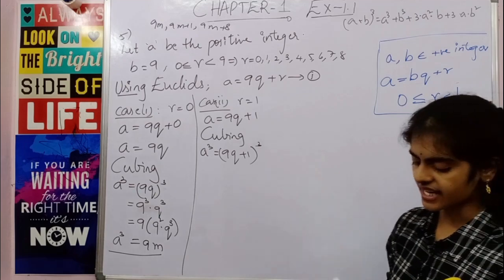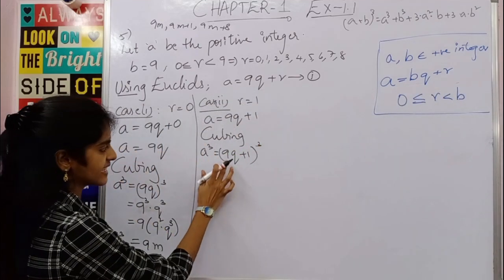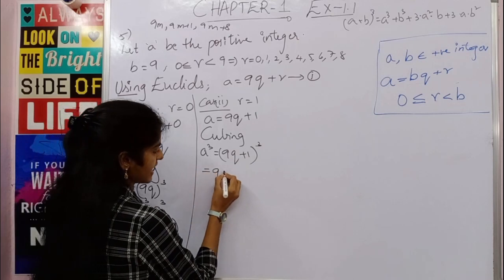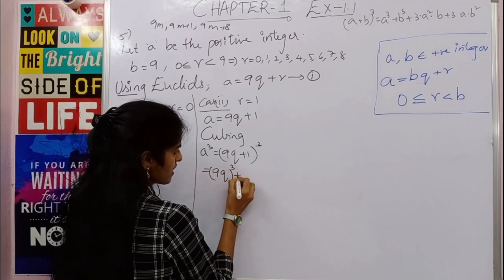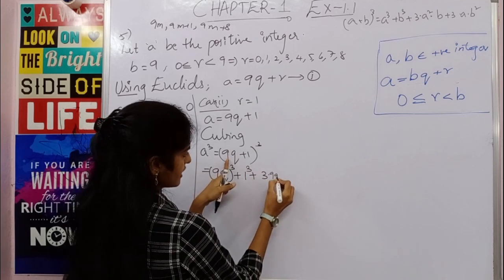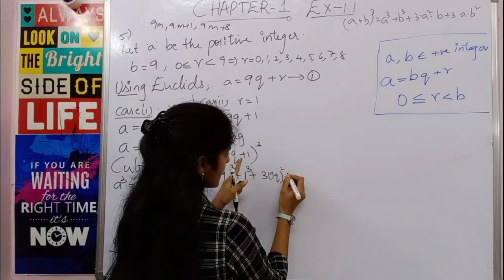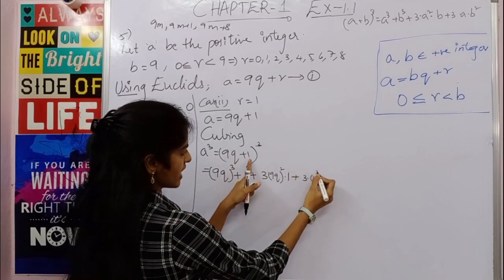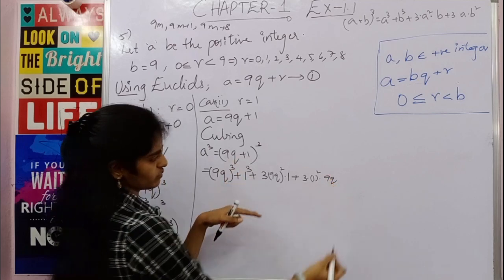Clear? So let us write it here. Here in this case a is 9q and b is 1. Okay, so this is nothing but (9q) whole cube plus 1 cube plus 3, a square is (9q) square, b is 1, plus 3 into b square is 1 square into a is 9q.